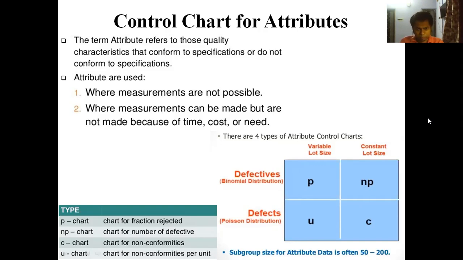There are different types of casting defects, and if a product is defective, then it might have several different problems or defects. For example, blowholes, that is known as a defect. So whether it exists or not, in this way we actually consider.